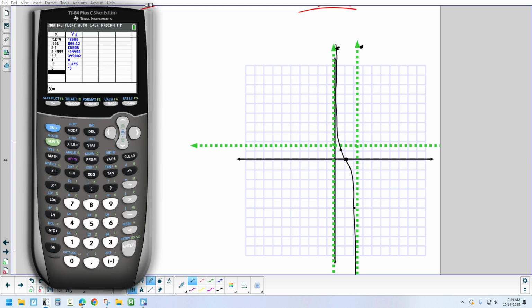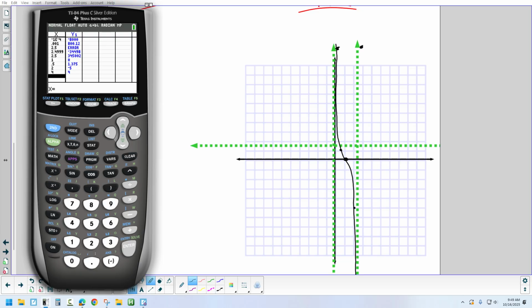What would be another good x value to check what's happening in the upper right? Let's check 4. 4 is a good point.